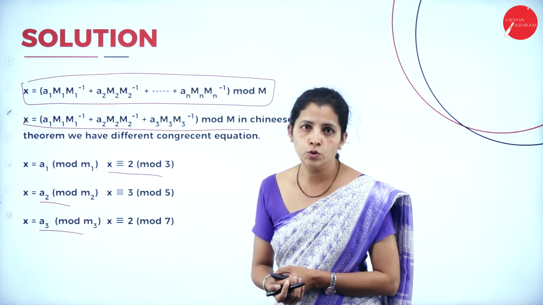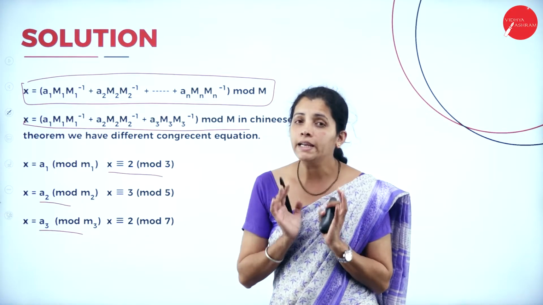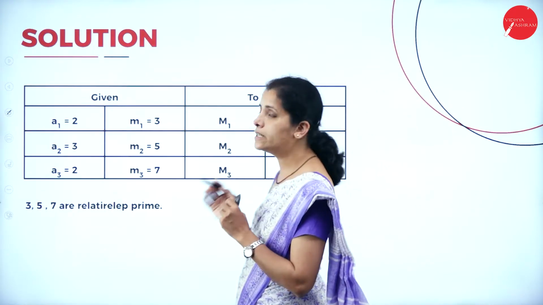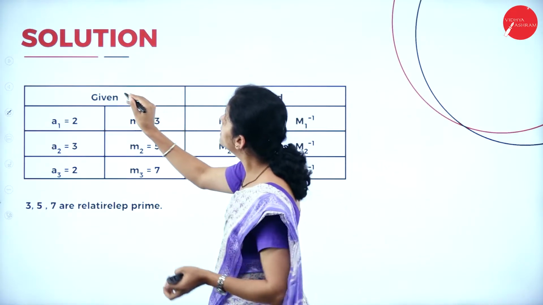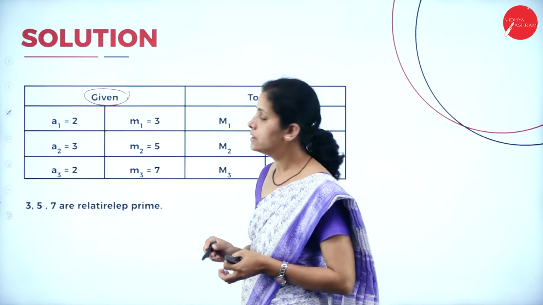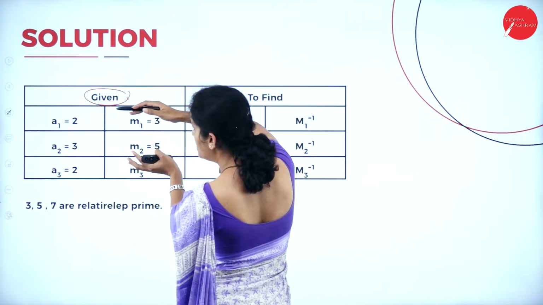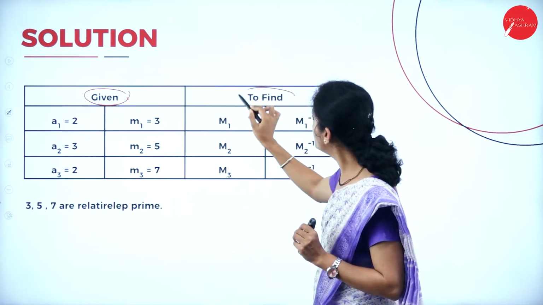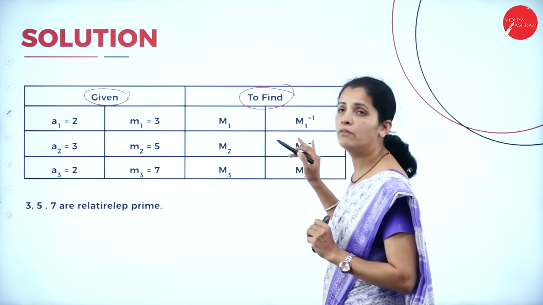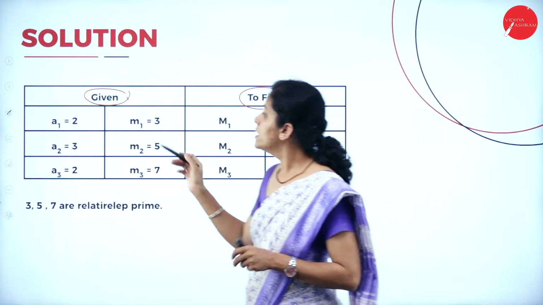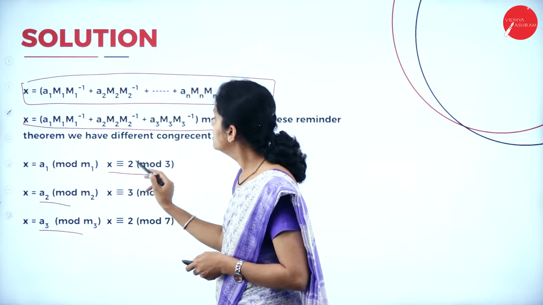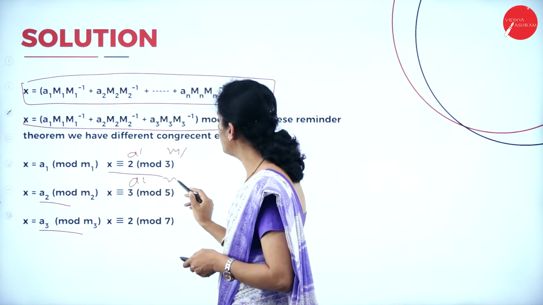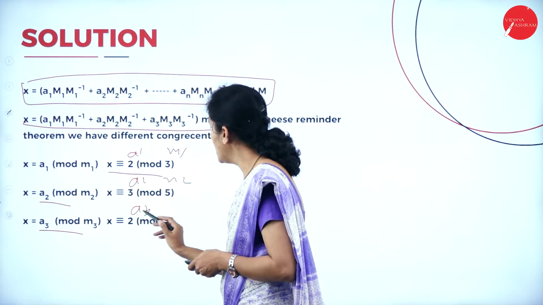Now, what I'm going to do here, to make it easy, I'm going to construct the table. So, here at the beginning, I'm going to have given. That means these many variables I'm going to get from the question. Okay, now I want to find these many variables. Now, if I consider my example here, see, this is my A1, M1, this is my A2, this is my M2, this is my A3 and this is my M3.